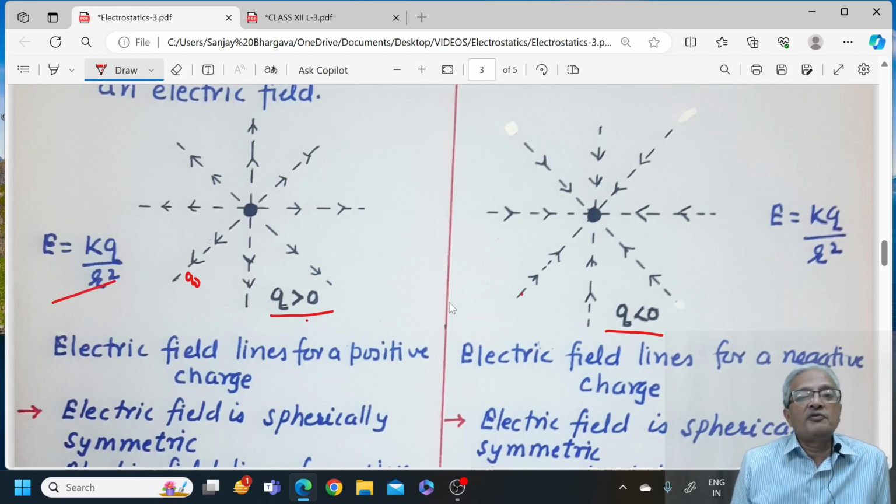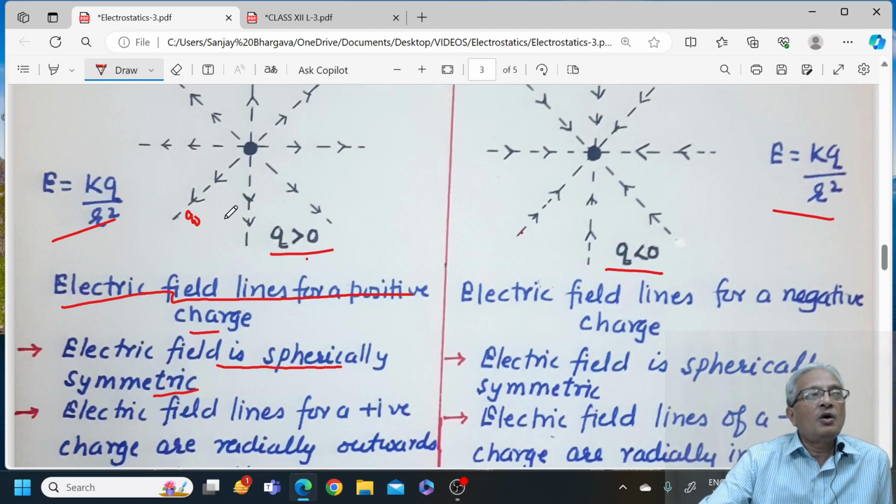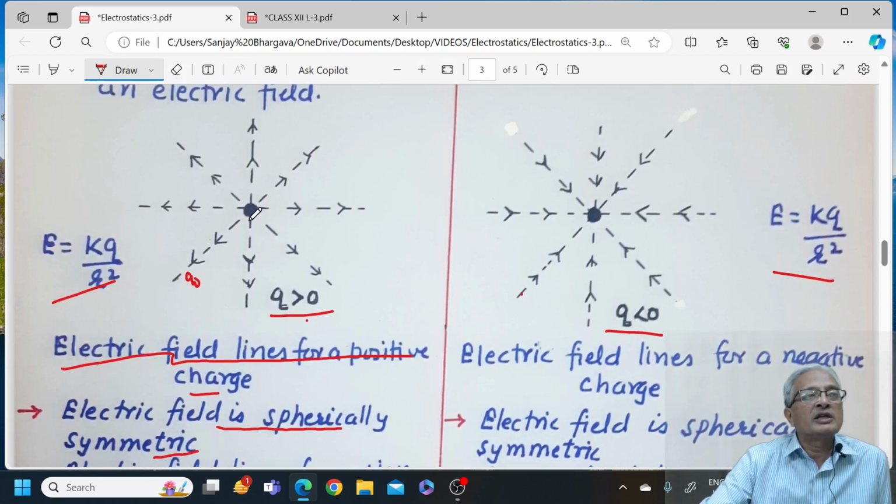The strength of the electric field is the same irrespective of the positive or negative charge, because in magnitude, it's only the direction that is changing. So my first figure here would be representing electric field lines for a positive charge. Now for the positive charge, can we say like this? Electric field is spherically symmetric. And what does that word spherically symmetric mean? Same in all directions along the radius of the sphere.